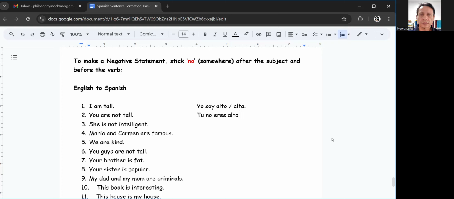Again, for masculine. Feminine, alta. I'm not going to keep typing it. She is not intelligent. Facts. She is not intelligent. Ella no es inteligente. She is idiota.